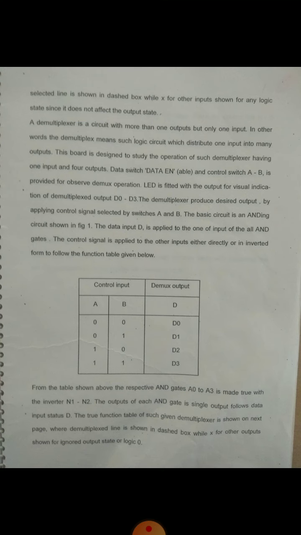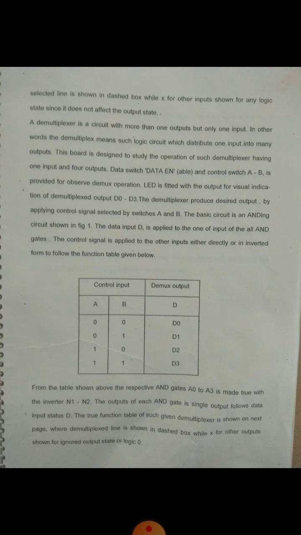So four combinations are there: 00, 01, 10, 11. Depending upon this, your data, when enabled, will be presented at D0, D1, D2, D3, depending upon your control signals.